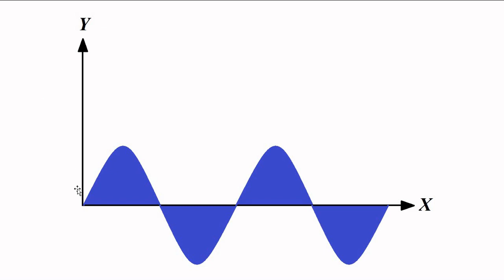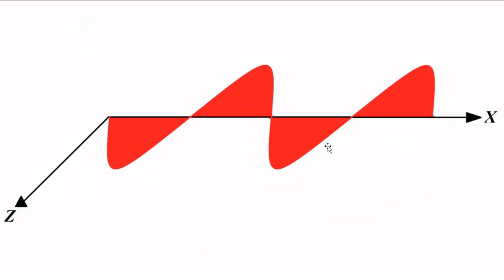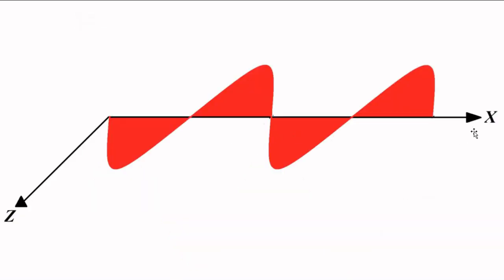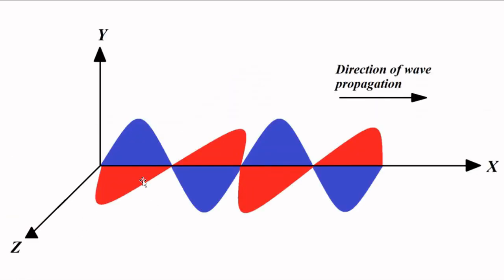The magnetic field will vibrate or oscillate in the mutually perpendicular plane, that is the xz plane. So electric field in the xy plane and magnetic field in the xz plane, and the electromagnetic wave moves in the direction of the positive x-axis.